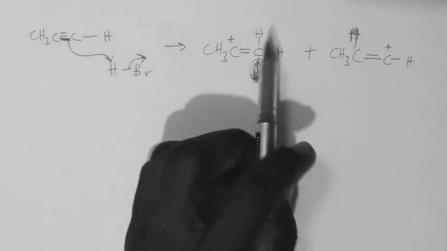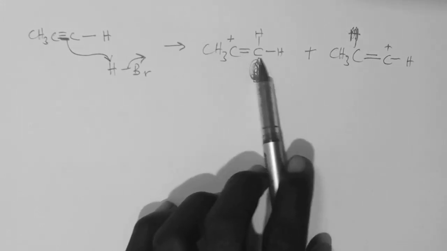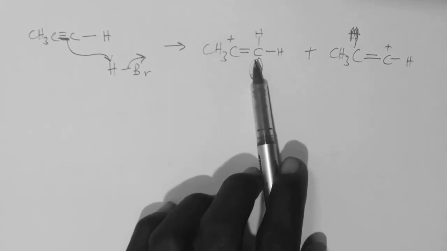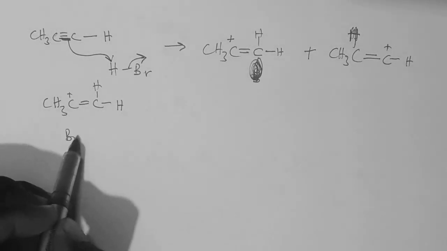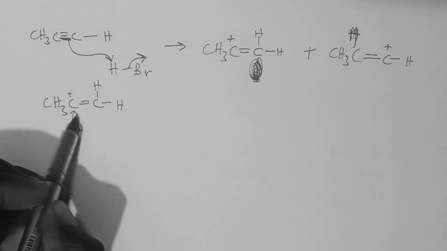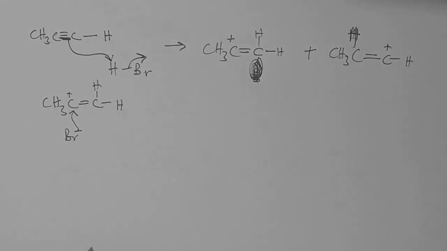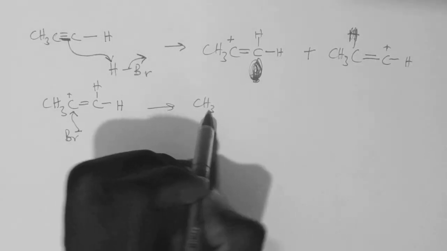So let's continue with the one that will lead to the formation of the major product. So remember that there is bromide ion in solution. So it will attack this proton. And when it attacks the proton, it will lead us to this molecule.